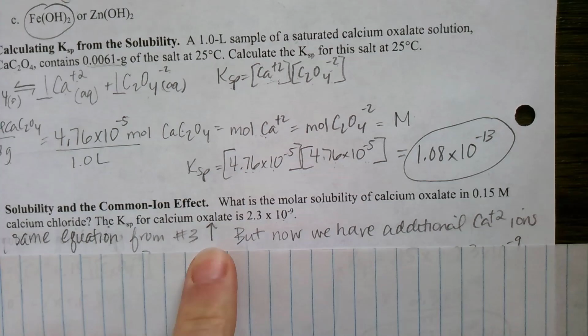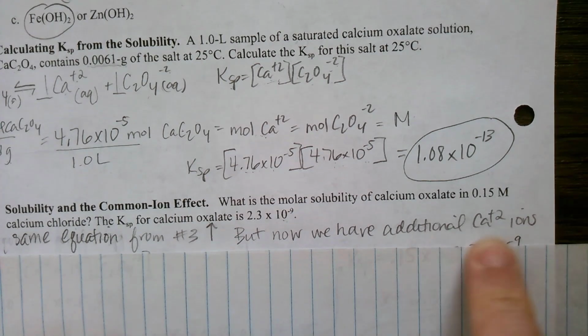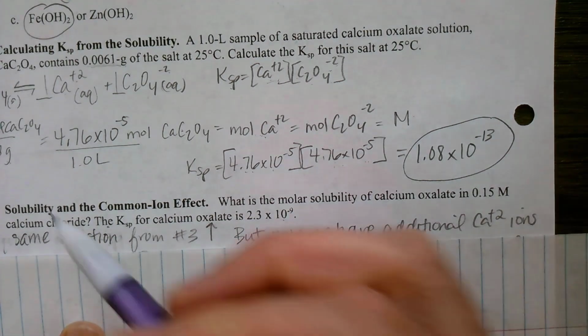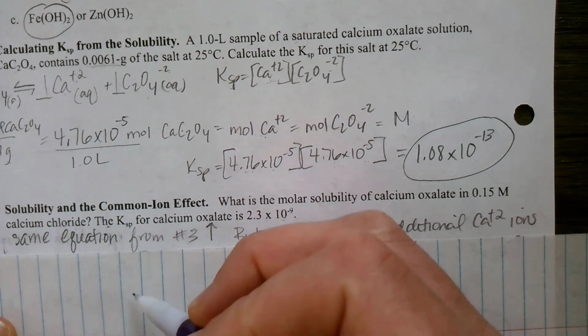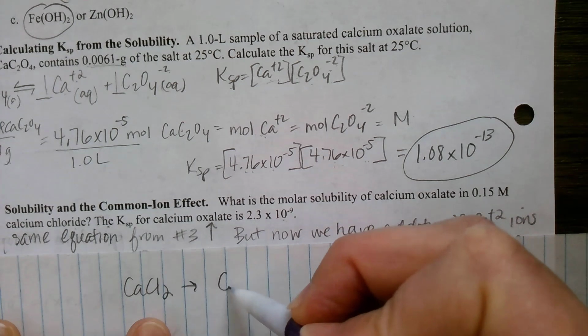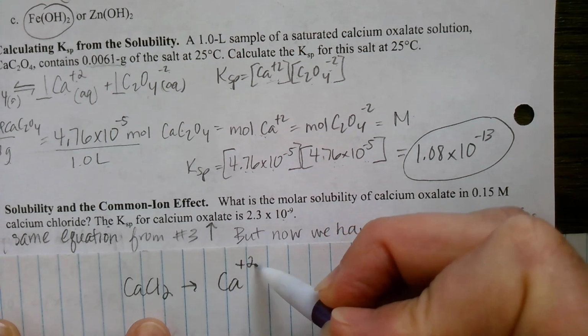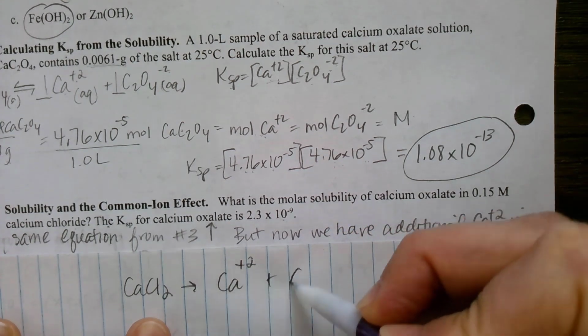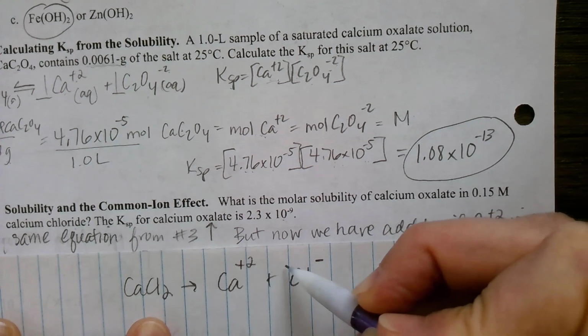We're going to use the same equation from number 3, but now we have additional Ca plus 2 ions because it's in calcium chloride, which is CaCl2, and that's going to be Ca plus 2 ions and Cl minus ions.